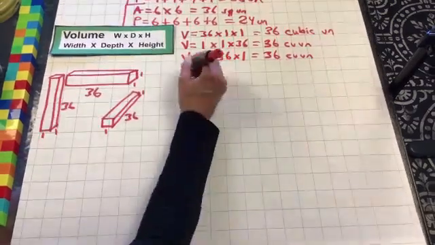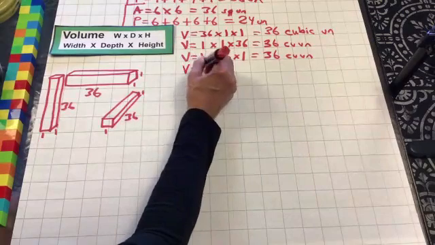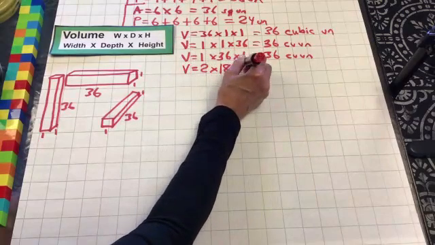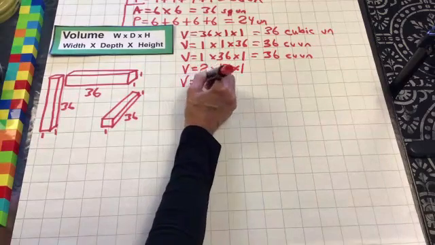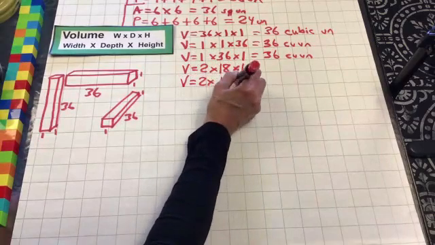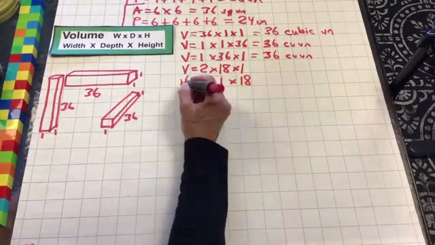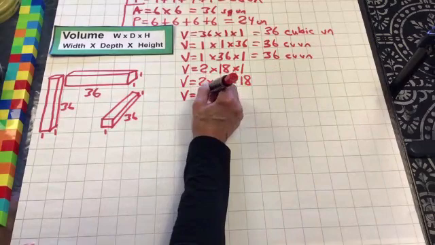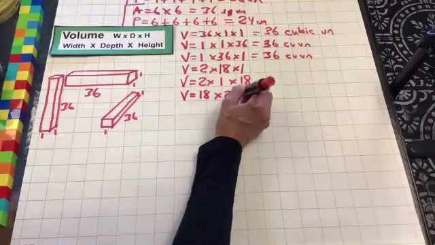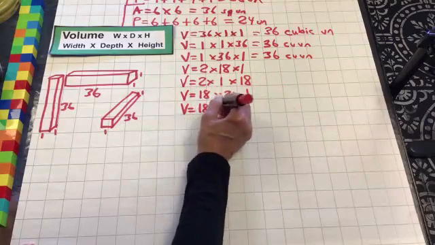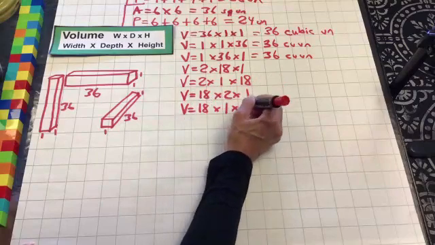So the next one we had, and we're just going to write them out here, was 2 times 18 times 1, and that would be 2 times 1 by 18. And then we can change it up and put the 18 first. 18 times 2 times 1, or 18 times 1 times 2.